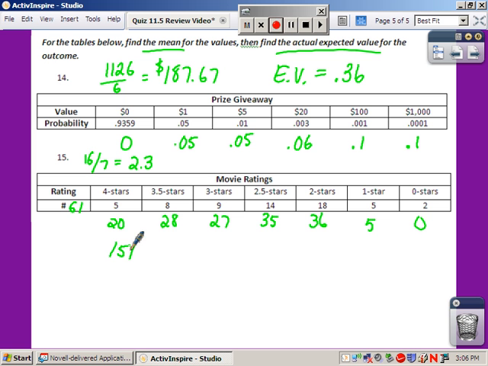And then, to finish it, the reason I did this, divide: 151 divided by 61, you end up with 2.4748, 2.48. So this time the expected value isn't that much different than the average, but it is a little bit higher.